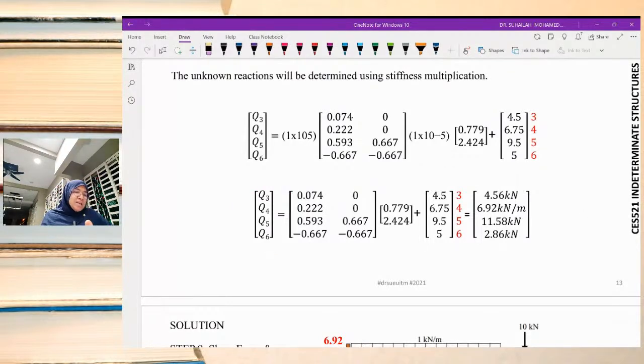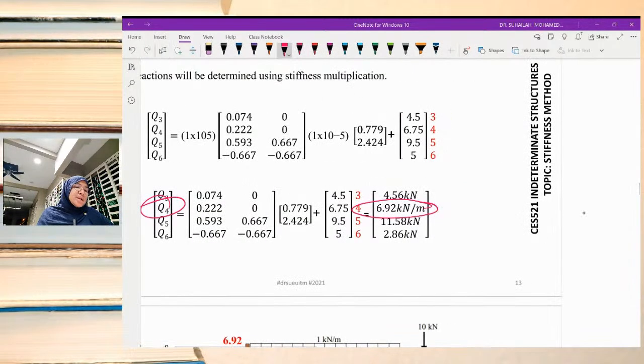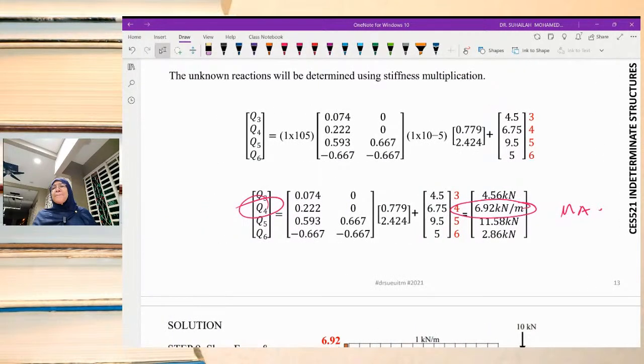Here Q4 belongs to moment, so the unit is moment, moment at A. That's why you need kilonewton meter.